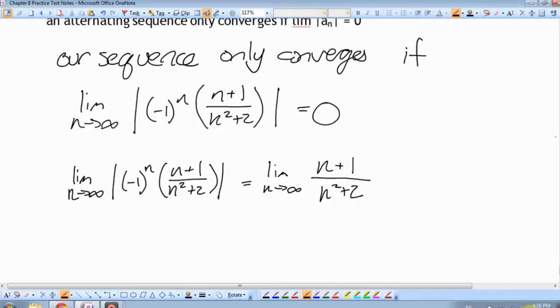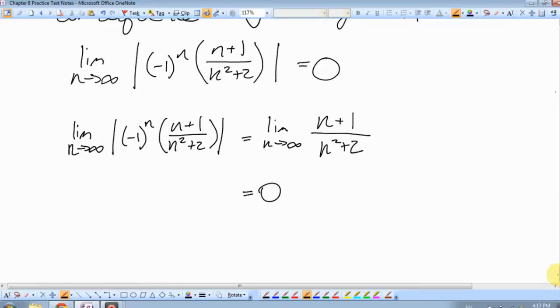All right, let's figure out what this limit is. How do I know that this limit is 0? You should have a couple different ways of showing this is true. Give me one way. L'Hopital, sure. What's another way? The exponent of n squared is higher than n.